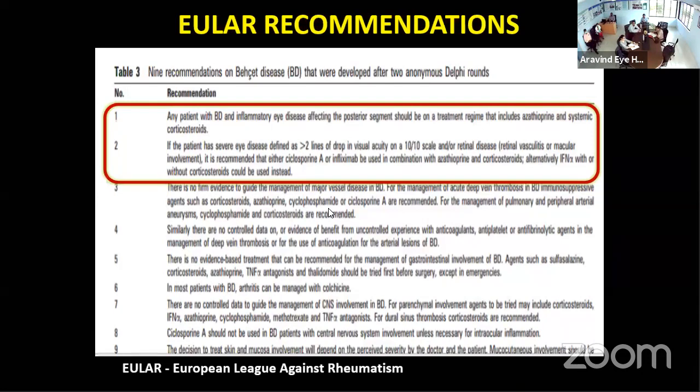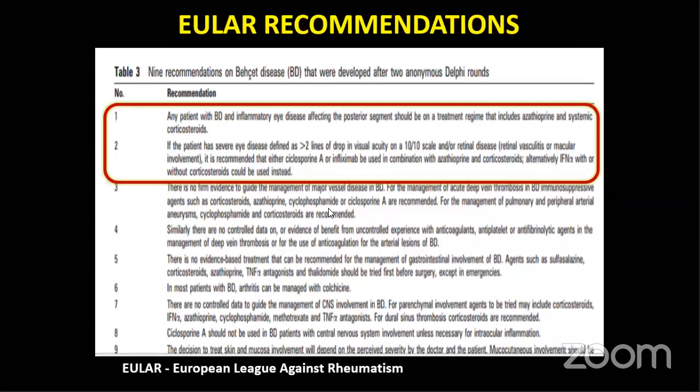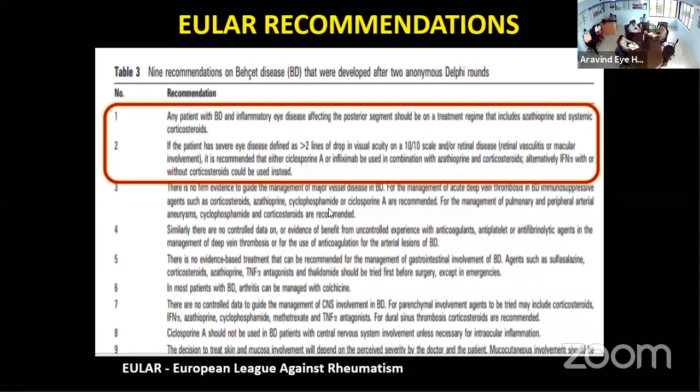There are also the recommendations. EULAR stands for European League Against Rheumatism. It gave multiple recommendations. The first two are the most important, and they are relevant to ophthalmologists. Recommendation number one: any patient with Behcet's inflammatory eye disease affecting the posterior segment should be treated with azathioprine as well as systemic steroid.